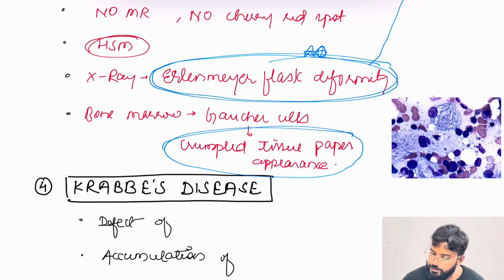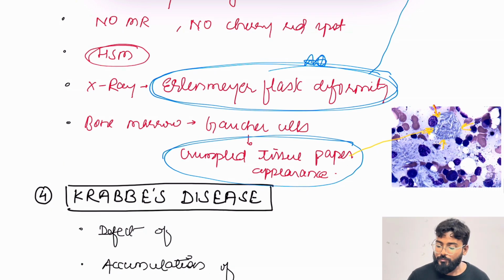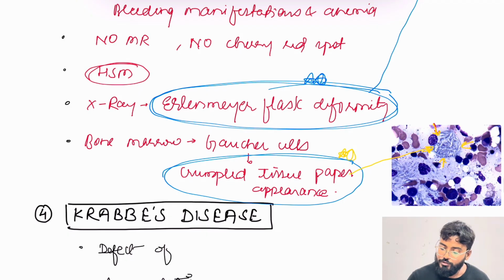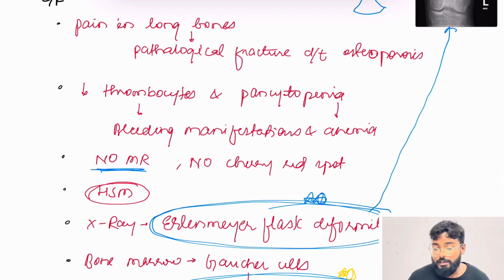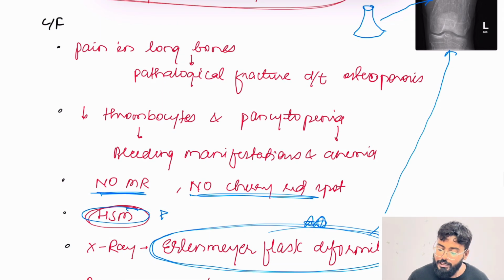If you can appreciate this here, this is what you are going to see: a crumpled tissue paper appearance when you do the histopathological examination of bone marrow. Another one is Erlenmeyer flask deformity. You are not going to see mental retardation and no cherry red spot, but you are going to see hepatosplenomegaly.